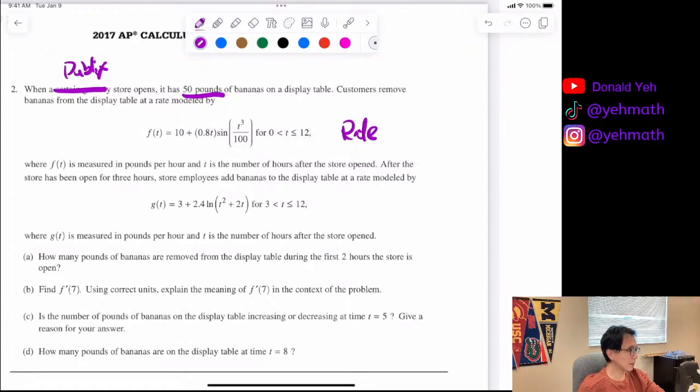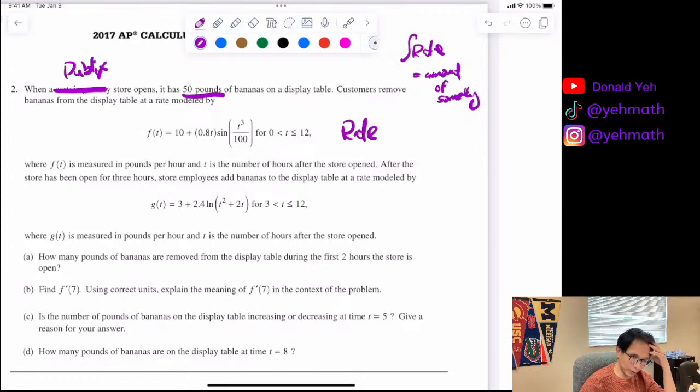So if you integrate the rate, you should get an amount of something. In this case, this is the rate out, because this is the bananas being removed.